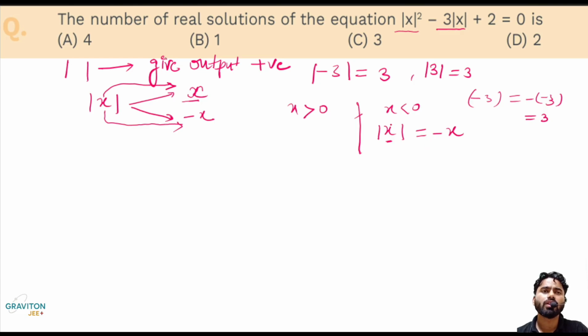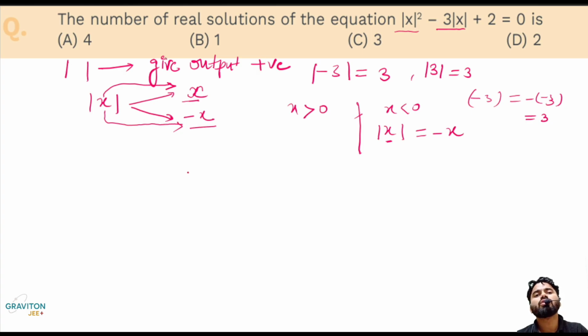So here you get an idea: if the function inside the modulus takes a negative value, you multiply by negative to make it positive.